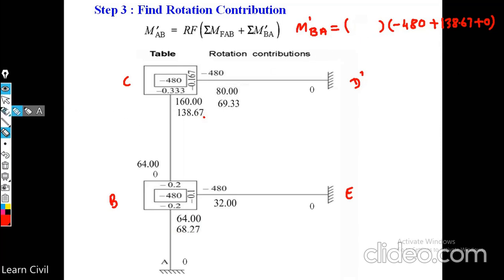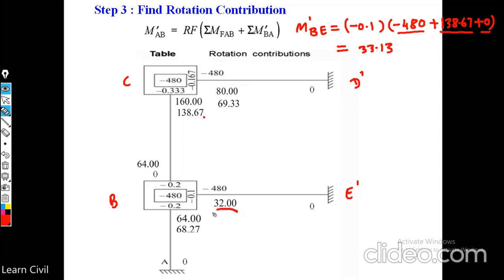Next, we have to find out the rotation contribution for member BE dash. For member BE dash, we have the rotation contribution equal to rotation factor minus 0.1 into summation of fixed end moment at joint B plus rotation contribution at far end, that is 138.67 plus 0. So we get this value equal to 33.13.